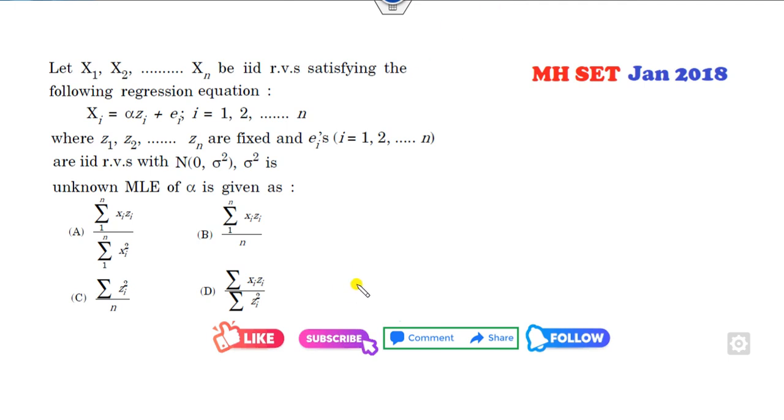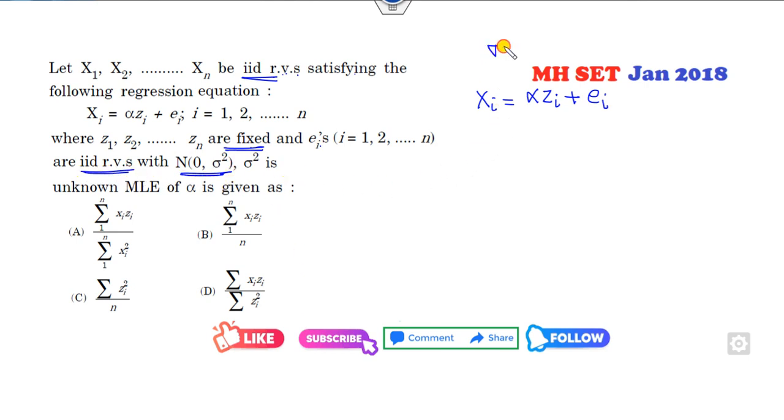Okay, look at this another one. X1, X2, ..., Xn are independent random variable samples satisfying the following regression equation: Xi is alpha Zi plus ei, where the Zi's are fixed numbers and the ei's are IID with the normal distribution.